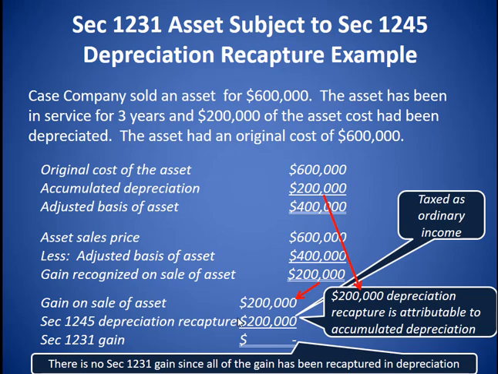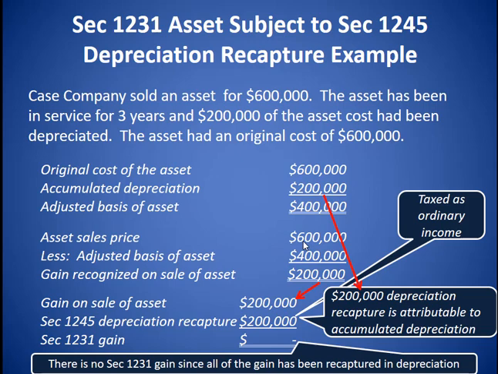Now we compare that to any remainder of the gain on the sale of the asset in excess of the depreciation recapture. In this case, there is no additional amount because our depreciation recapture equals the amount of the gain on the sale of the asset. So there is no Section 1231 capital gain since all of the gain has been recaptured as depreciation.